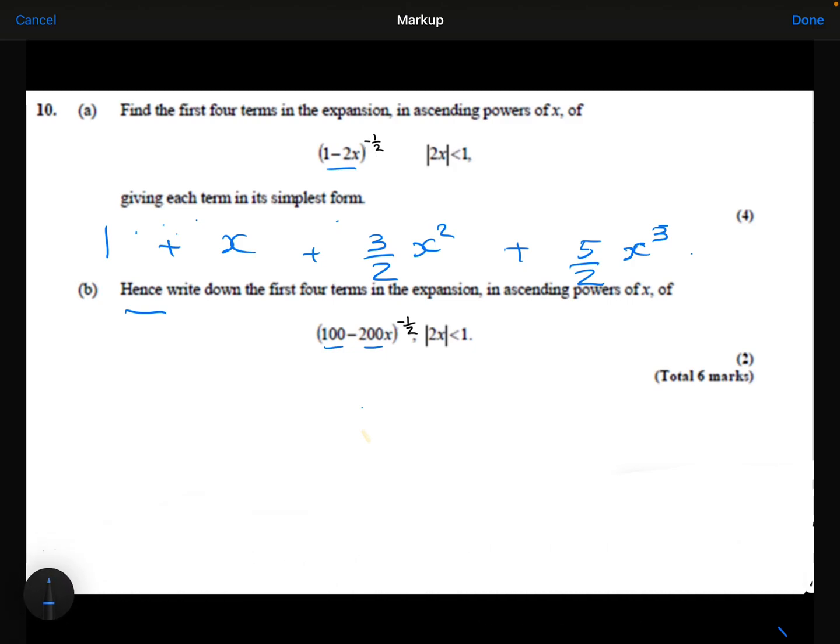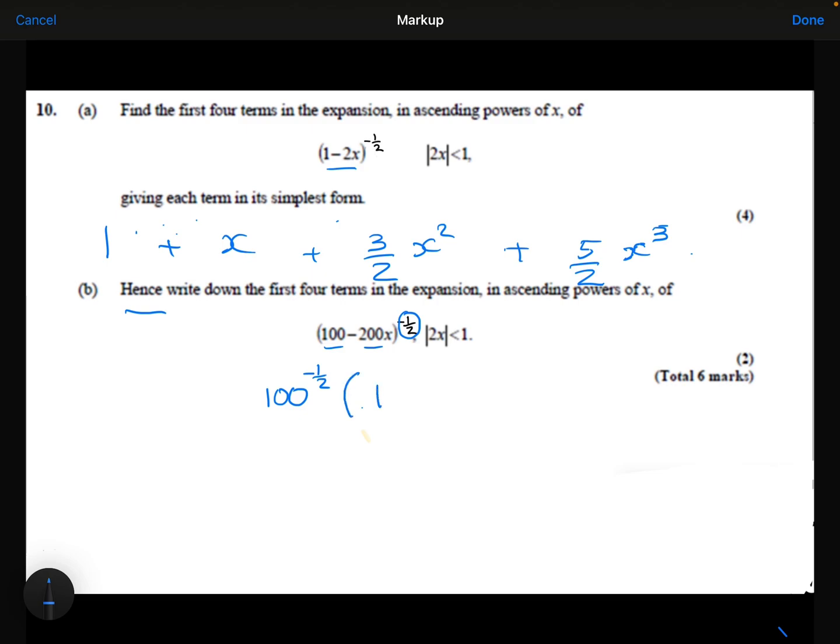So if I factorise 100 outside, I would have 100 to the power of minus 1/2, because obviously the 100 is part of this bracket, it has to be to the power of minus 1/2. You can't just take 100 out without also putting it to the power of minus 1/2.